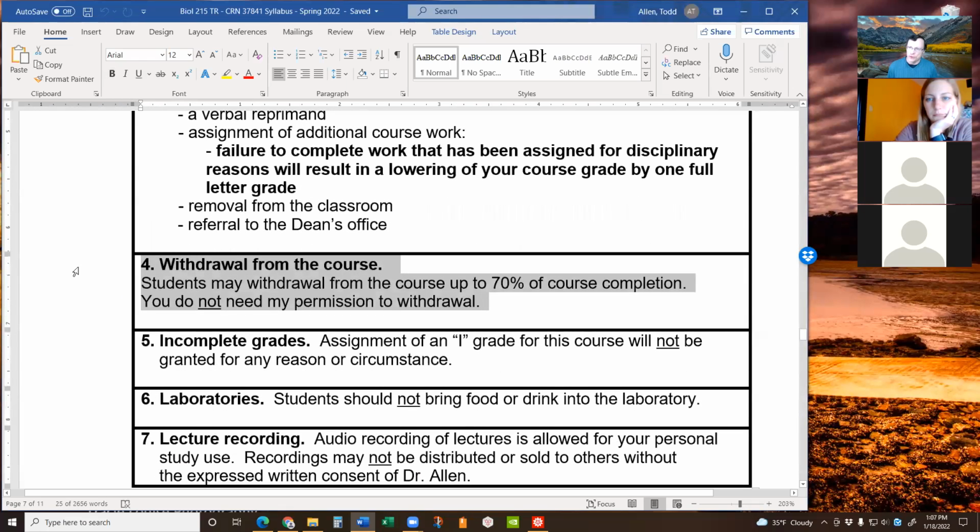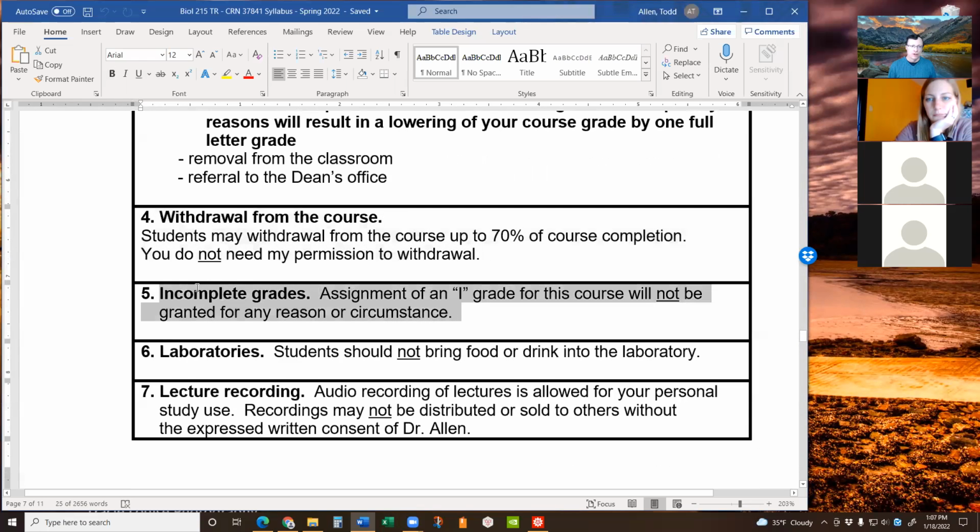Withdrawing from the course. You have the right to withdraw from this course and get a W on your transcript instead of perhaps a worse grade like an F, up to the 70% completion date, which is probably early April timeframe. You have the right to do that. You don't need my permission to do that, so please be aware of that.